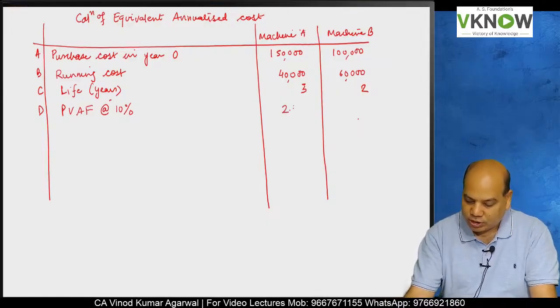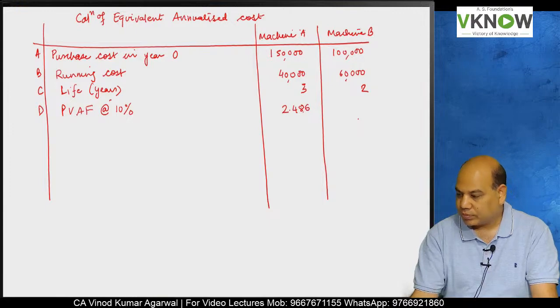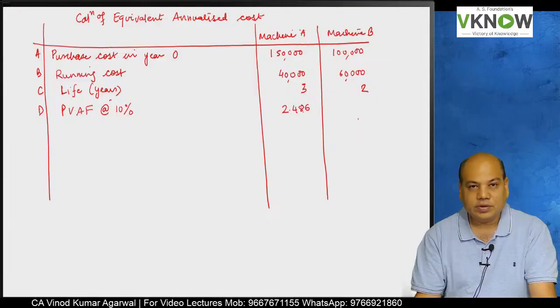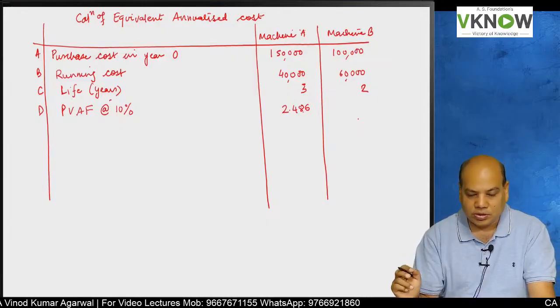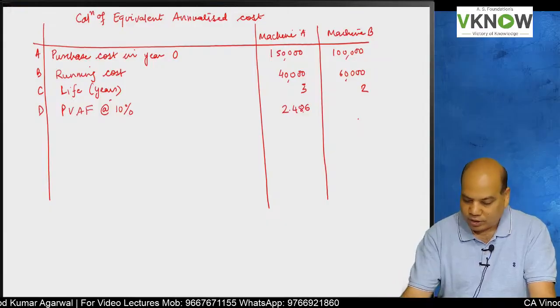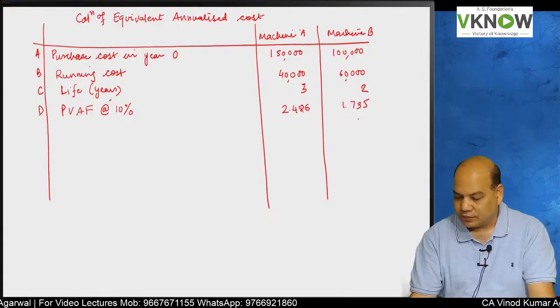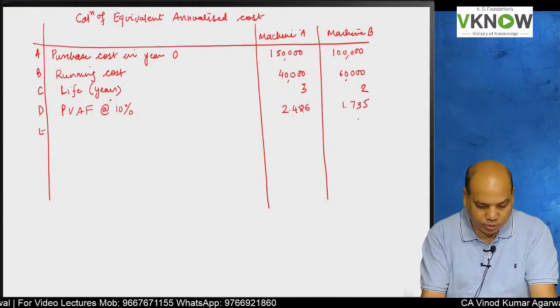Please check, you are getting 2.486. And for 2 years, 1 divided by 1.10, equal, memory plus, equal, memory plus, memory recall, you will get 1.735. Just confirm.